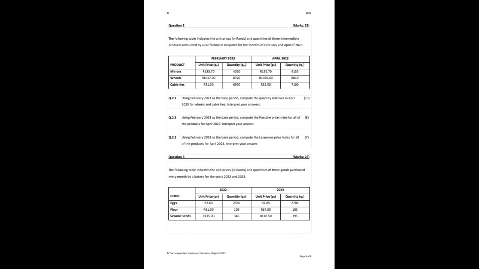So first one, P1 times Q1, plus next one, P1 times Q1, plus next one, P1 times Q1, and that's your numerator. It is done as one fraction, with each individual item's P1 times Q1 at the top, and in the denominator each individual item's P0 times Q1.